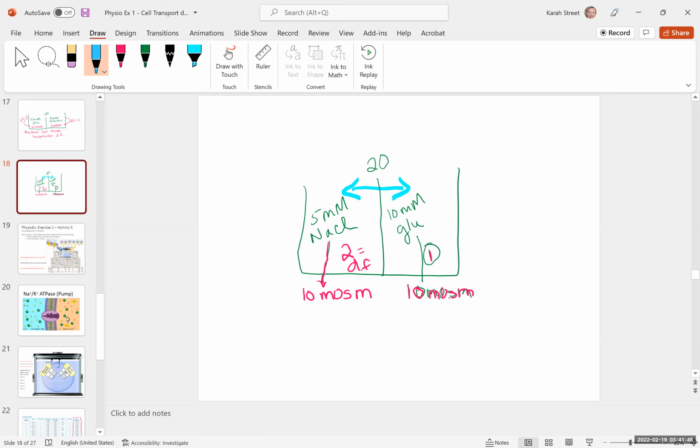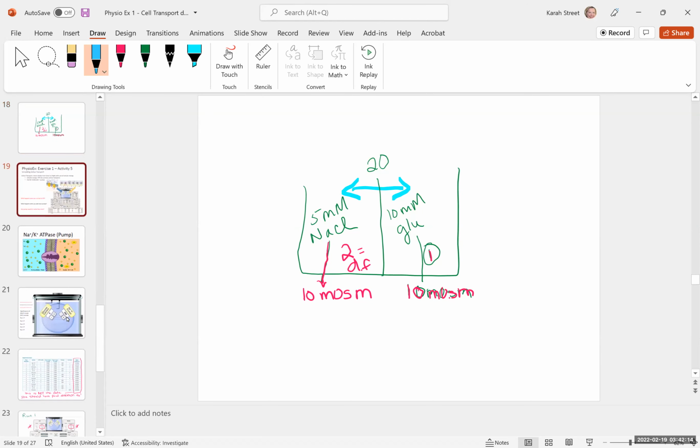There is not going to be a net gain nor loss of water. There will not be any osmotic pressure detected. So that is a challenge one to show you that you must consider your starting millimolar concentration and also consider dissociation factor in this example.